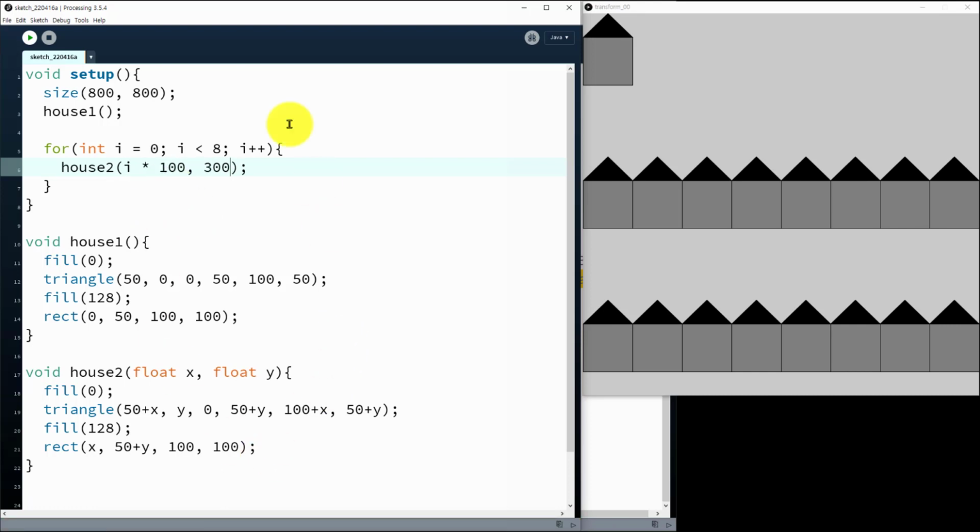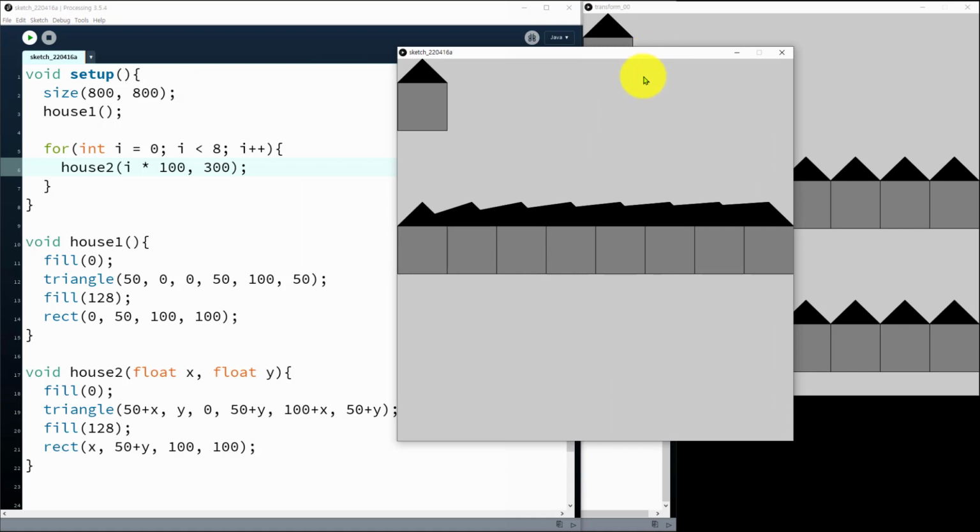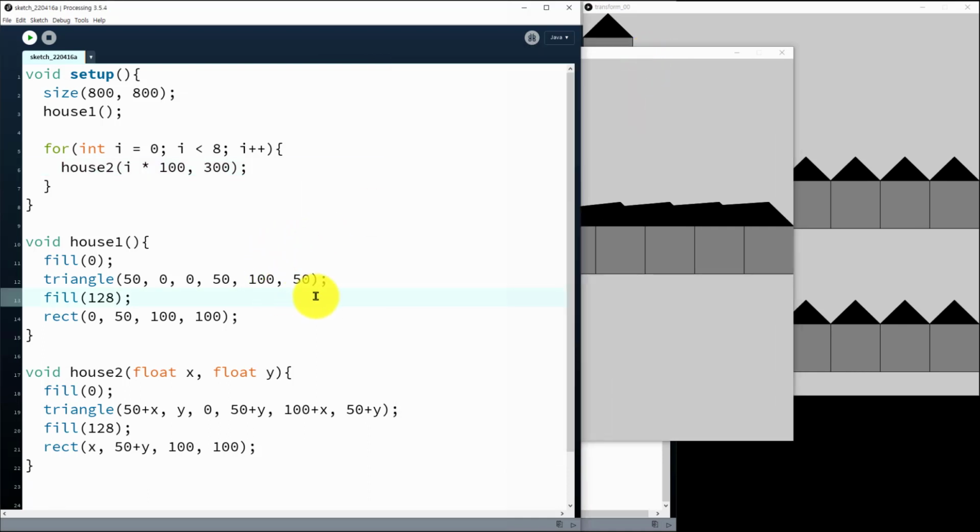So there's no error and warning, right? So let's run it. Oh, what did I do? Maybe I forgot something. Let's see the triangle. Oh yeah, I have to add x here. That's my mistake.